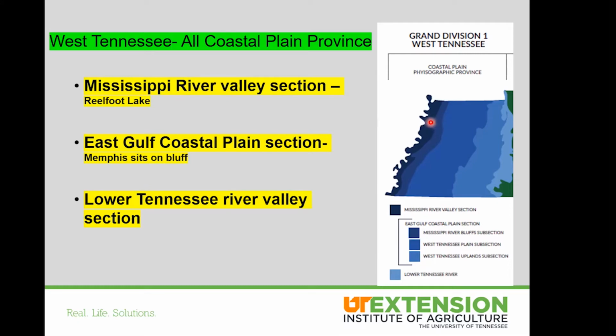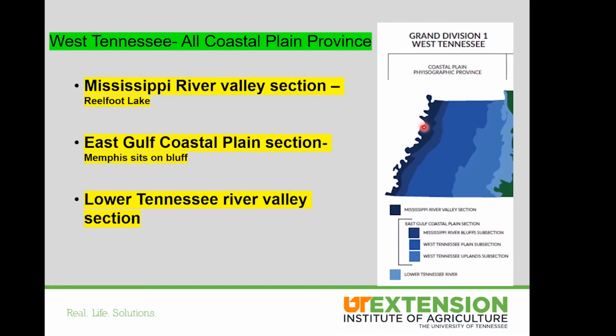Reelfoot Lake is interesting because back in the old days, there was an earthquake, and the Mississippi River, which normally runs from north to south, was stopped and made to flow south to north for a while, and that's when it formed Reelfoot Lake. I don't know all the details of that, but it's very interesting that that's where Reelfoot Lake is.